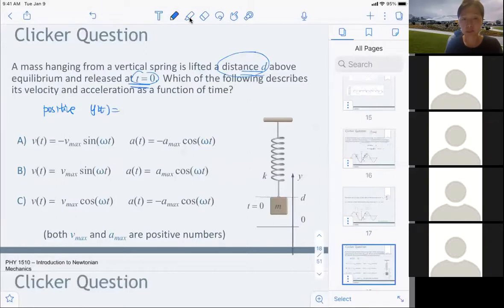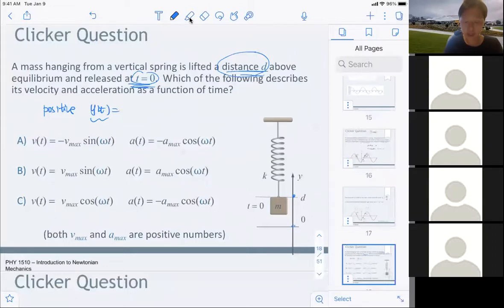We're just saying, we're looking at a sinusoidal function and we are going to make it in such a way that it matches up with the initial conditions I was given. So at t equals 0, your position has to be at distance d. How do I write this position function so that it works out?